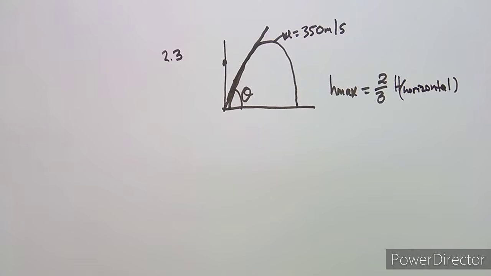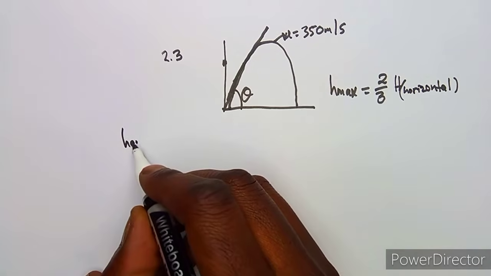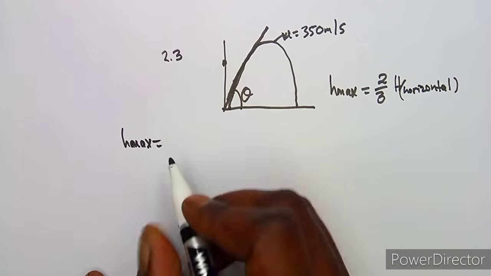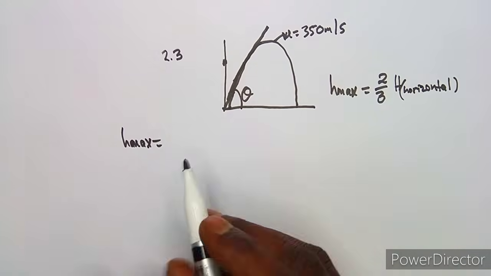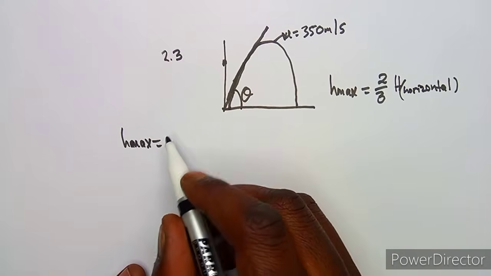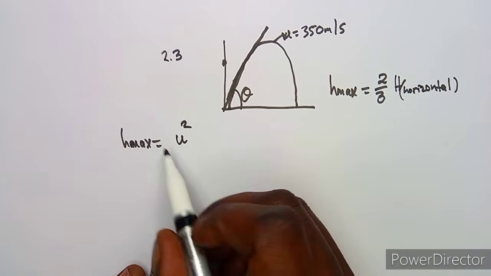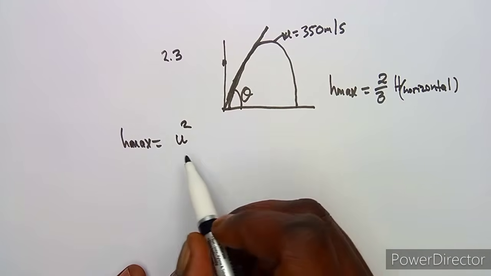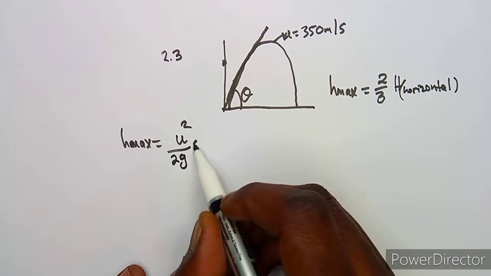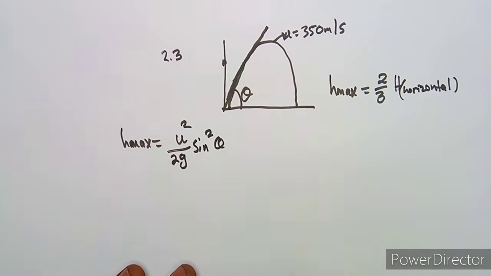The formulas, so now you have to know your formulas, guys. Remember, your h max, which is your maximum height, is given by u squared over 2g times sine squared theta. You're supposed to know these formulas very well and how to apply them.